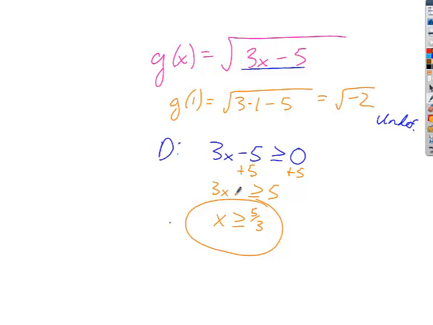The domain is all real numbers greater than or equal to 5/3. What happens if I test that out? If I put 5/3 in there, I'd have 3 times 5/3 would be 5, and 5 minus 5 would be 0. So I'd have the square root of 0. Anything less than 5/3, I'd wind up with a negative value.